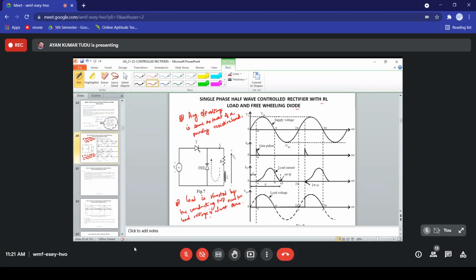Okay, so what we can say, this improves the average output load voltage.